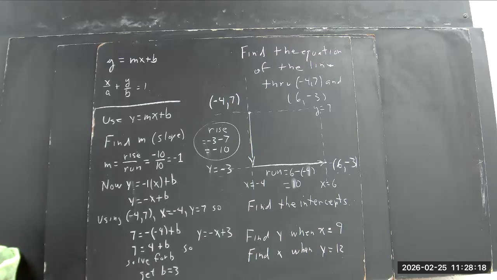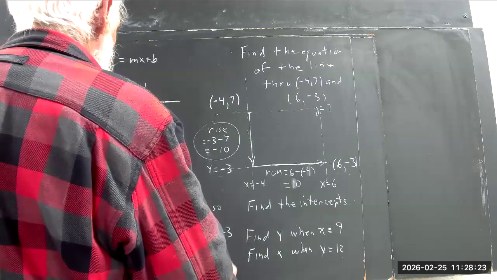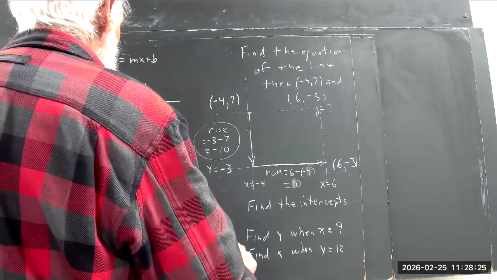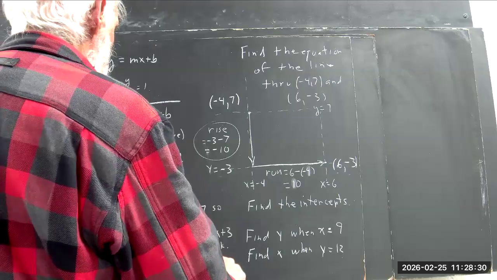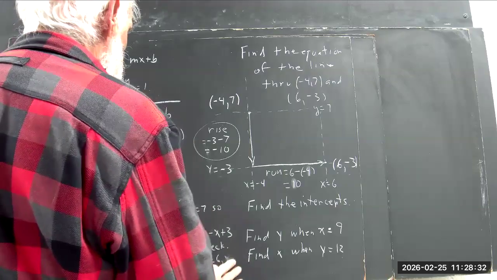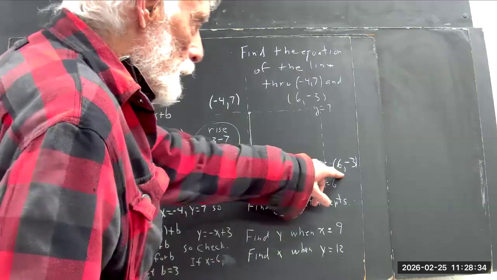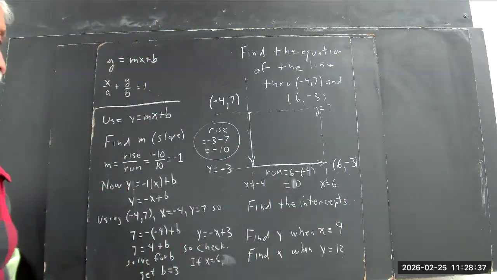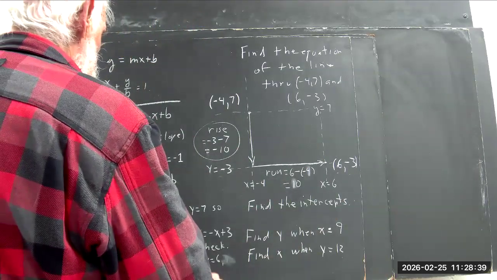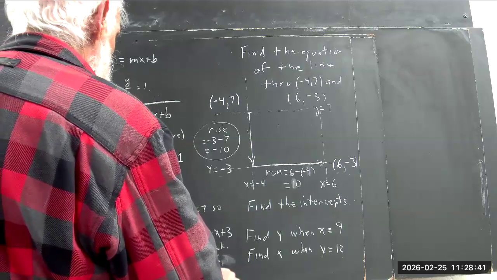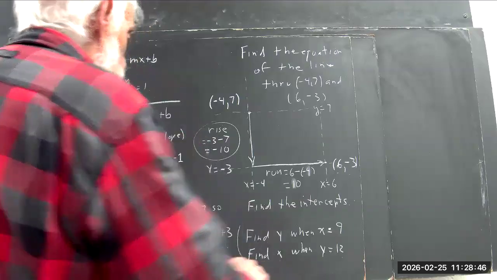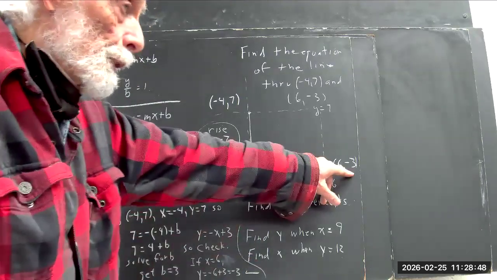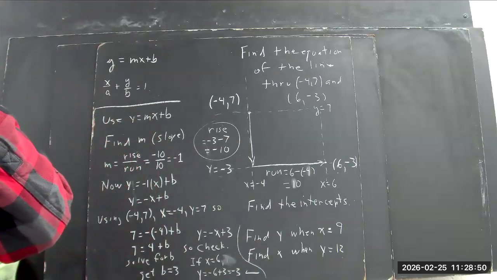Now that, I believe, is our equation, because if x equals 6, y should come out -3. That checks, because that gives us the coordinates of that second point, right?